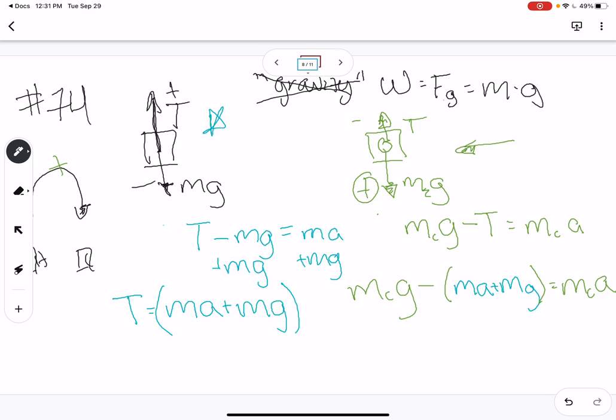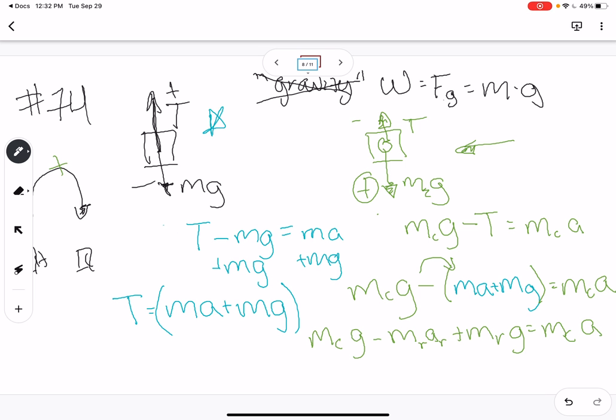Now I know that this is a little bit messy, but we actually can clean it up very quickly. One of the first things I want to do is just go ahead and distribute. So we end up with mass of the chandelier times gravity minus mass times acceleration of Robin Hood plus mass of Robin Hood times gravity equals mass of the chandelier times acceleration.